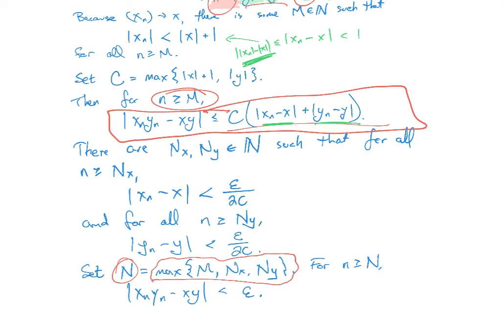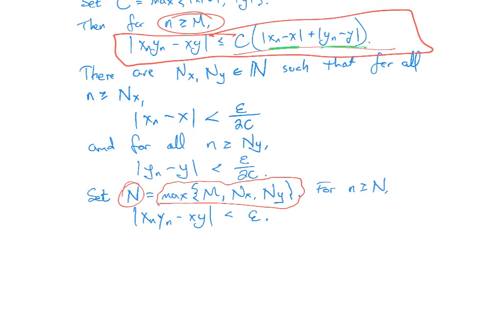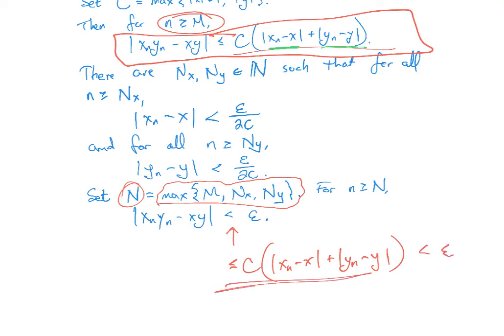So if we added in an extra line here, we would say less than or equal to C times something, and then that's less than epsilon. Okay, and it's this part that we need the little n at least capital N.